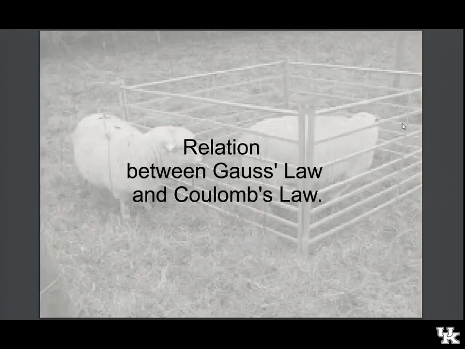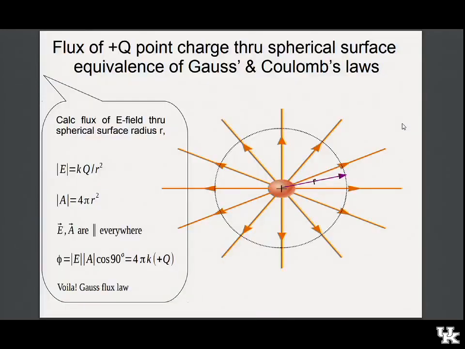Okay, where am I going? I wanted to show you that the new Gauss's law and the old Coulomb's law are actually related to one another. And it's easy to show that they're related to one another by calculating the flux, the electric flux, through a spherical closed surface, that's this dashed line here, that's centered on a single positive charge.